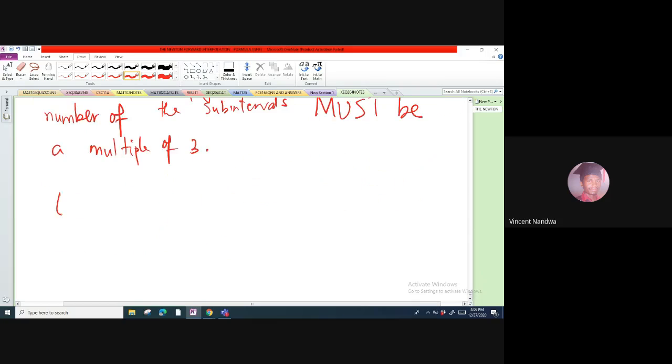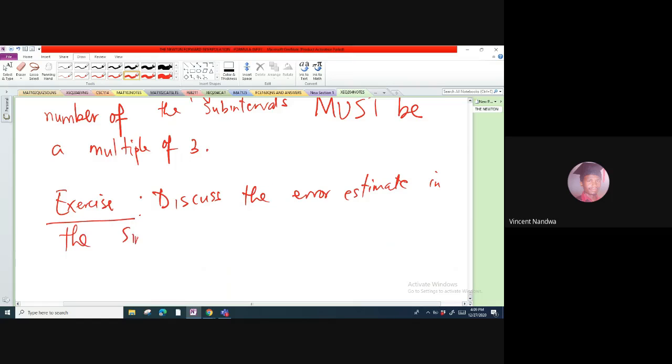And then as an exercise, discuss the error estimate in the Simpson's 3/8 rule. You will find this one also in exam.